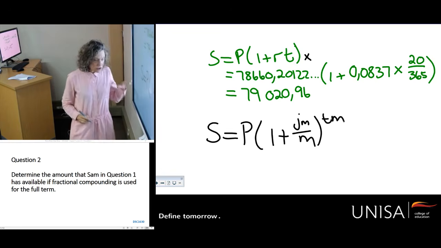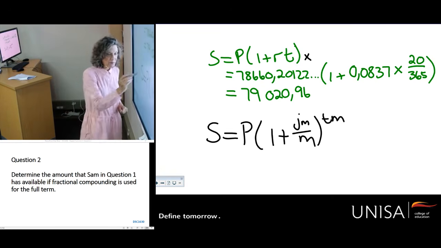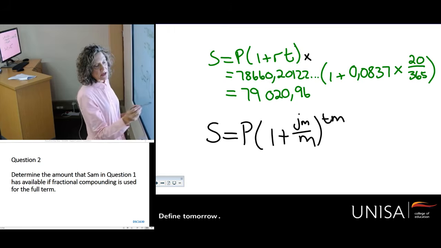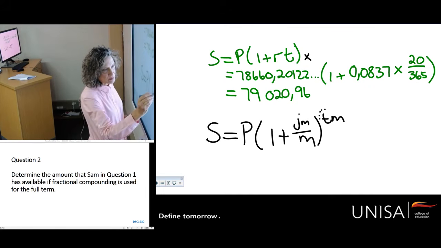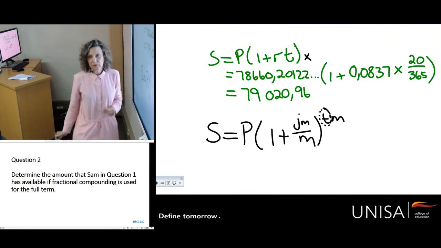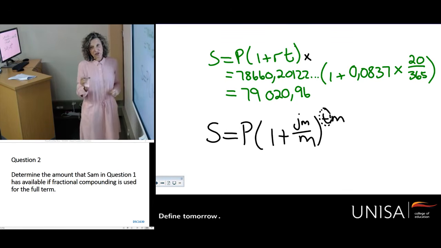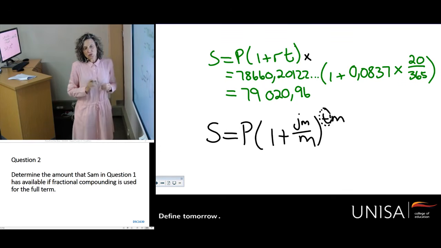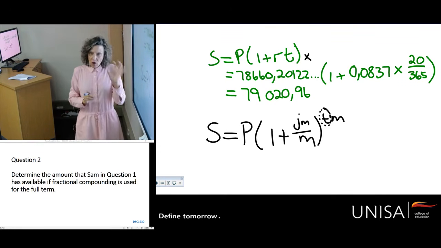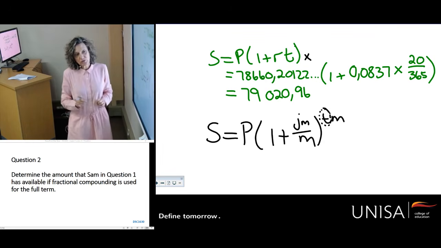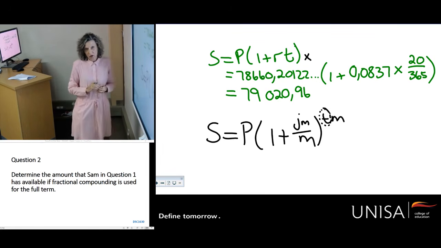Right. So it's normal compounding. We know what is P, we know what is JM, M, but the most important is T. And that's where we say fractional compounding, because we write our terms, our odd periods as well as our full term, as a fraction of a year.